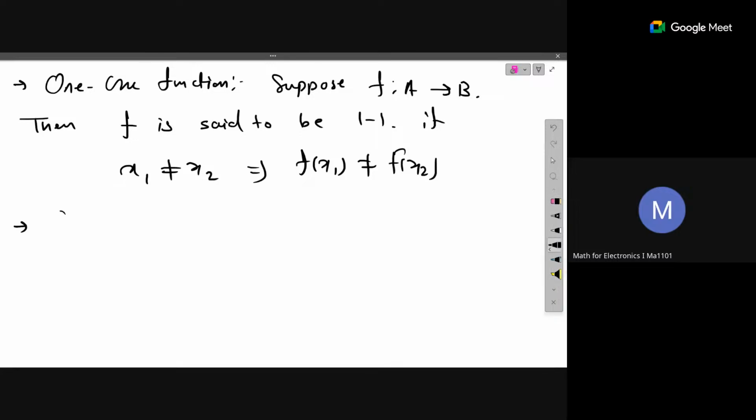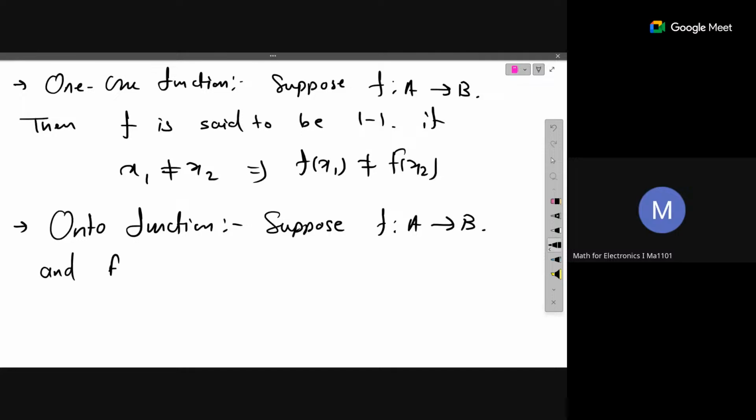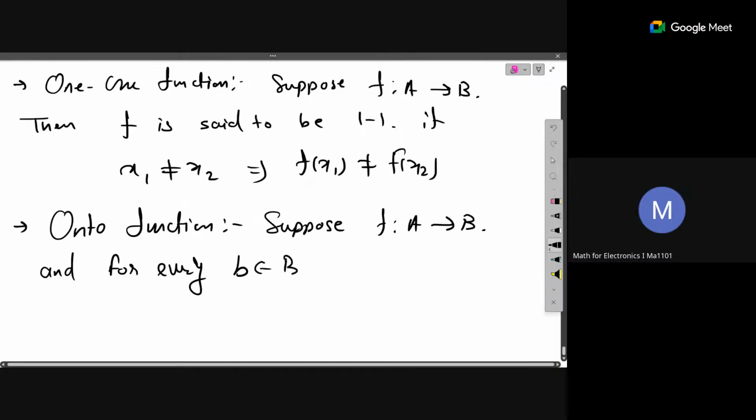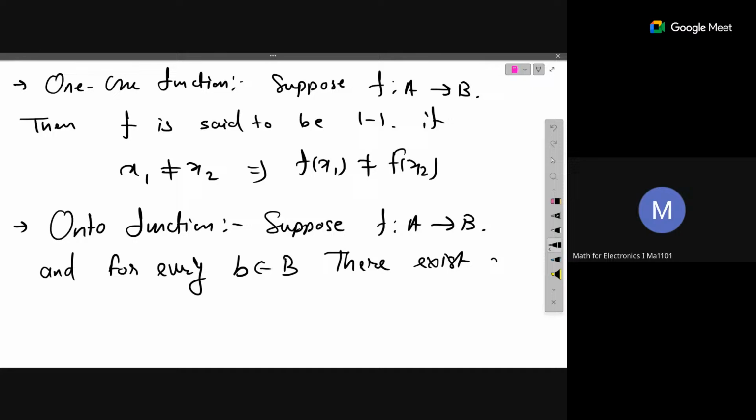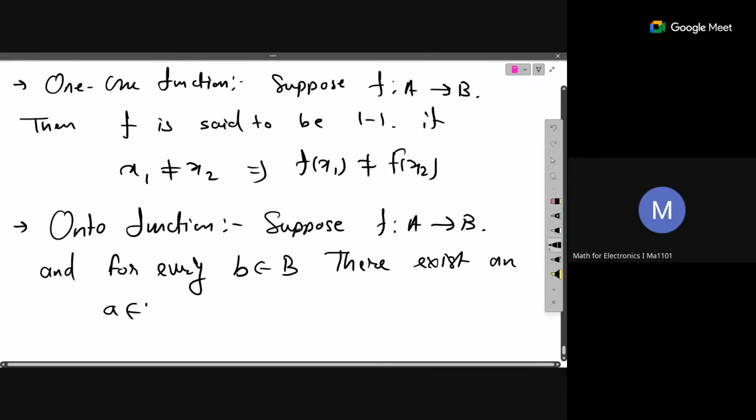Now another type of function is the onto function. What is an onto function? An onto function is when the range of the function is the same as the codomain. Suppose f is a function from A to B, and for every b belonging to B, there exists a in A such that f of a is equal to b.